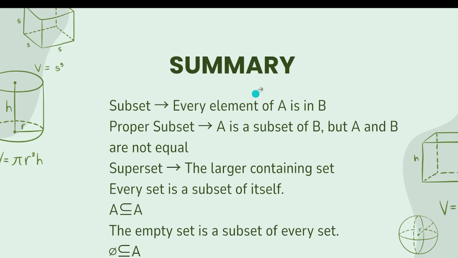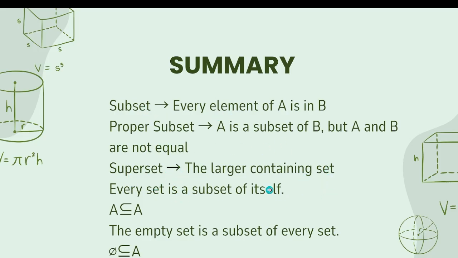Okay, now here's a summary of what we learned. A subset is that every element of A is in B. And proper subset is that A is a subset of B, but A and B are not equal. Next is superset. The superset is the larger containing set.